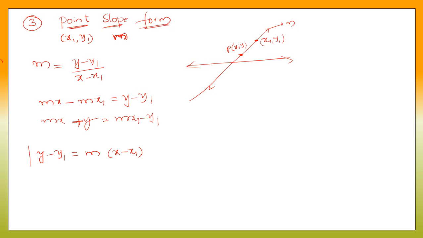This is my general representation of the point slope form. So when a point and slope are given, this is the formula that you need to apply: y minus y1 is equal to m into (x minus x1).